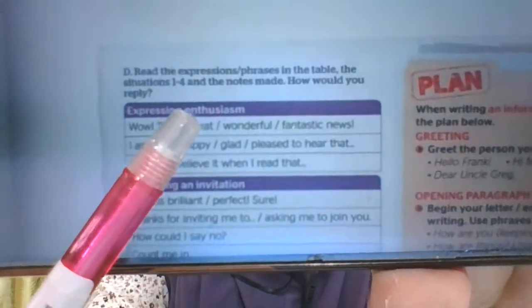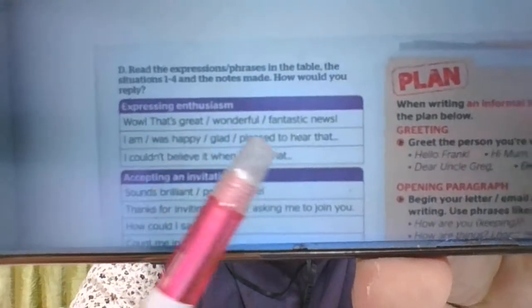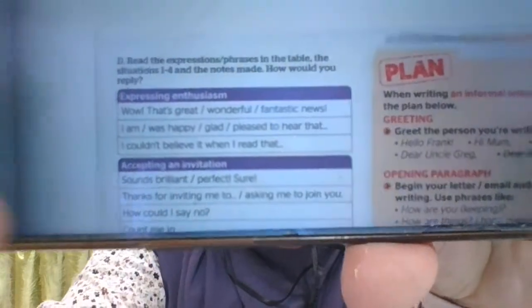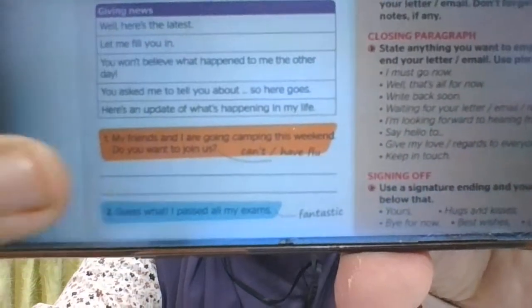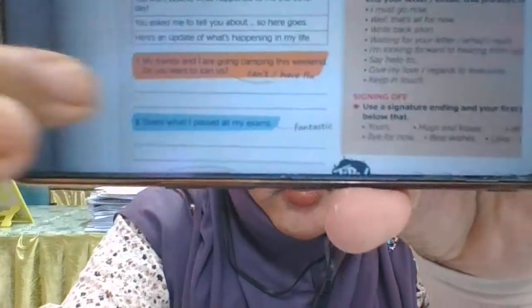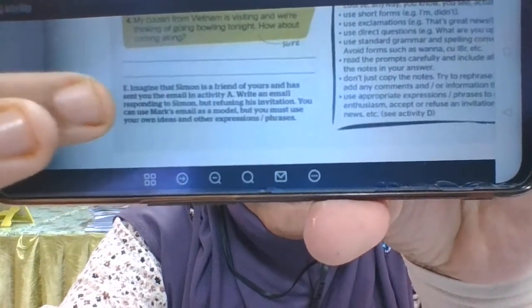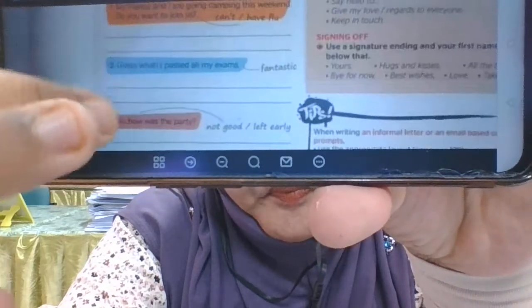So find it. Enthusiasm. These are the phrases. Frasa, frasa. All of these in the table are the phrases that you can use to do your email later on, which is for your exercise E after this. Okay.